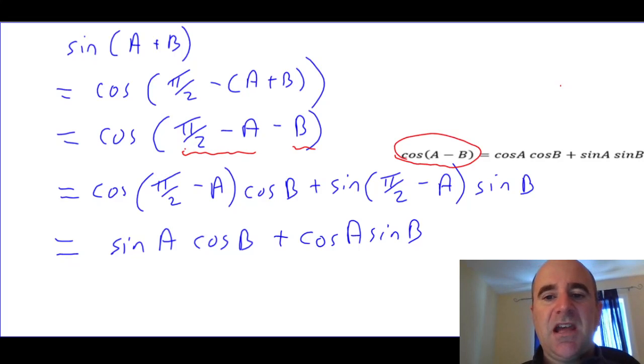So we're choosing to have the A be pi over 2 minus A and the B to be B, as opposed to having A be pi over 2 and then B be something like A plus B. So it is important that in this line we choose to expand the negative sign here and then break it up like that in order to get the result that we want at the end.